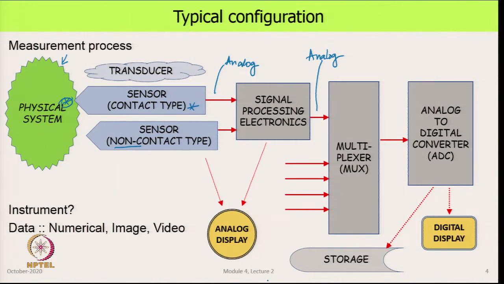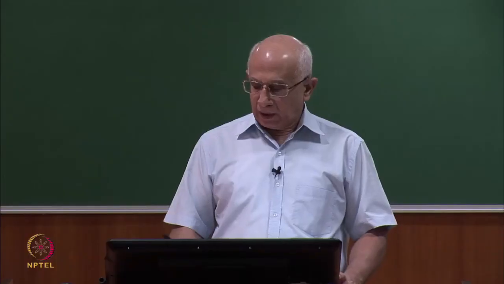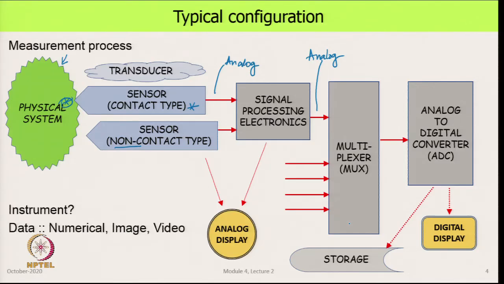But when there are more than one instruments which are being read, then we have to have a multiplexer. And what it does is, it takes inputs from say this instrument here, we can call this number 1, then it takes input from another instrument number 2, number 3 and so on, as many as its physical capability.